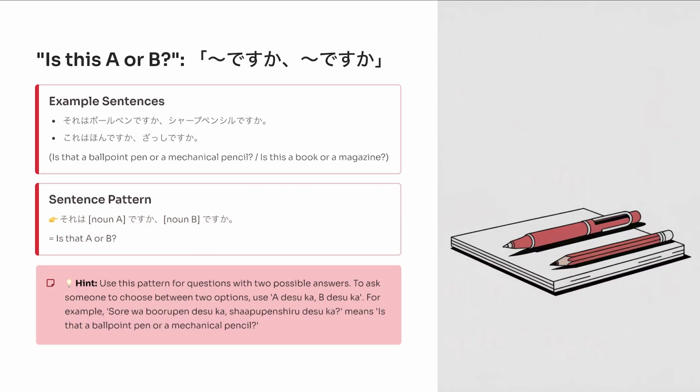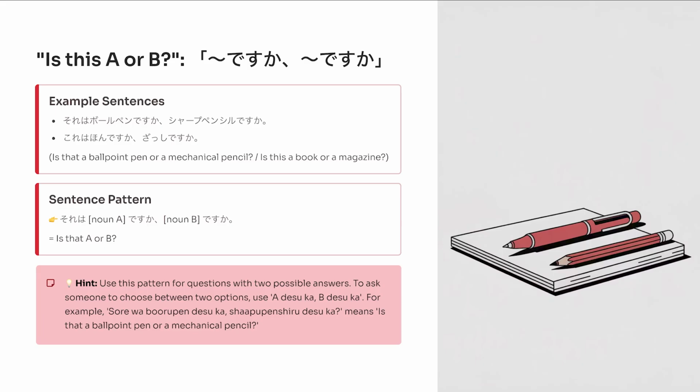Great! Now let's look at how to ask a choice question when you want someone to choose between two things. The pattern is A ですか? B ですか? It means is it A or B? For example, それはボールペンですか? シャープペンシルですか? Is that a ballpoint pen or a mechanical pencil?